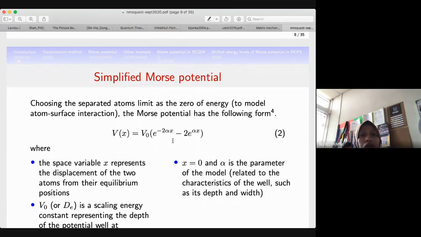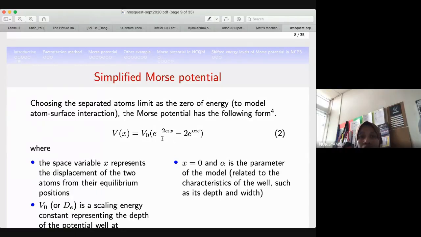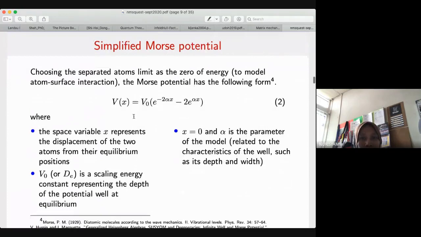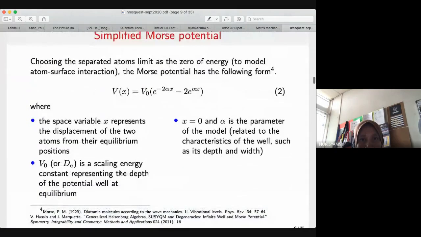So you can do a change of variables in terms of the distance: instead of R, now you're using X over here. And instead of V_0, this is equivalent to your D_e, the scaling energy constant. I did not put what X equals here, but it will be clear afterwards what it looks like.